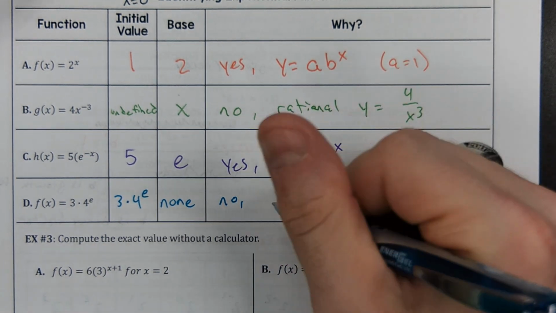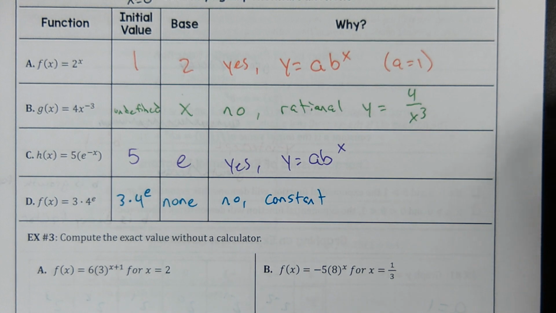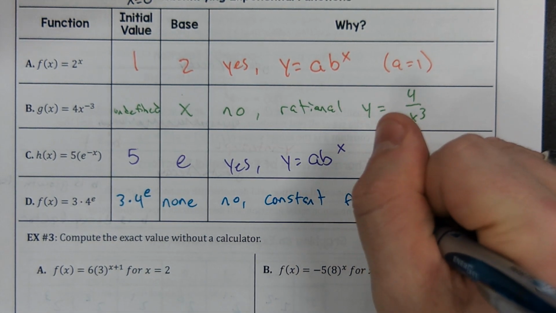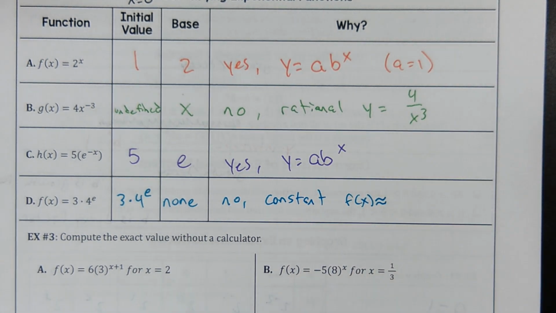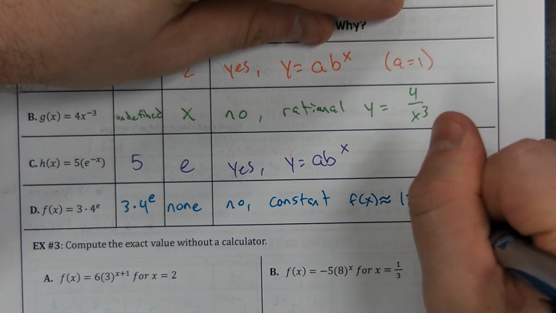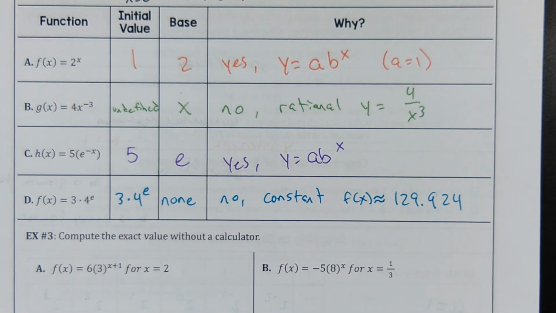You know what it is? It's a constant function. Because 3 is a number, 4 is a number, and e is a number. Squiggly x means approximately. I grabbed a calculator. It's almost 130. But it's a straight line.